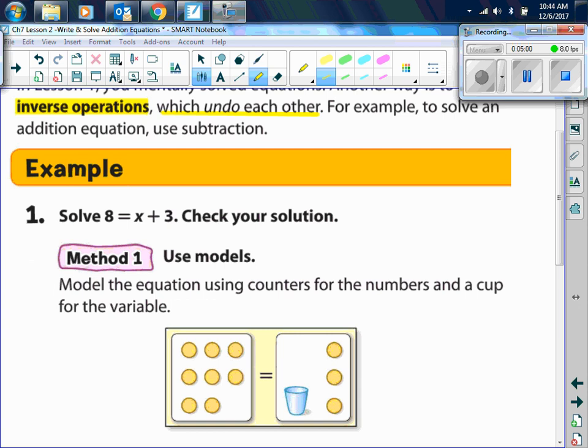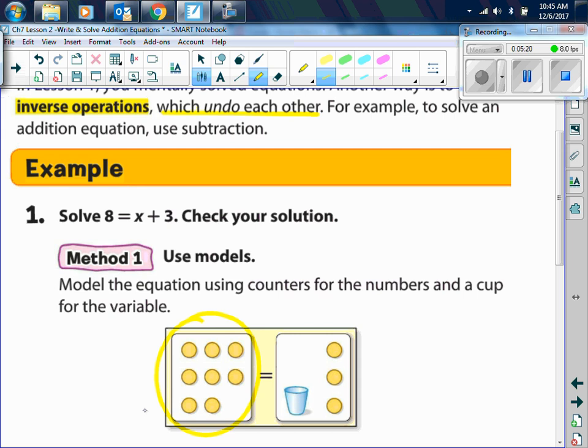Okay? So here, for example 1, we want to solve 8 is equal to x plus 3. Okay, and then we're going to check our work. So method 1 is using a model. Okay, just using pictures. So here, we have 8 counters right here.